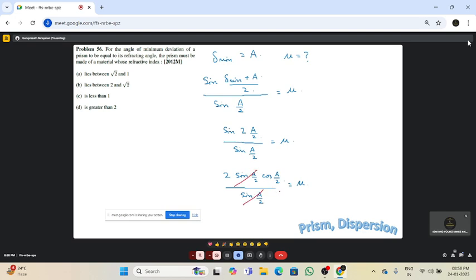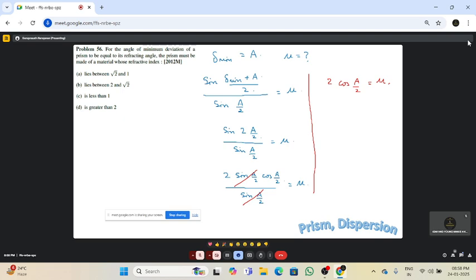So 2 times. So we are supposed to find the thing. Any ideas after this?